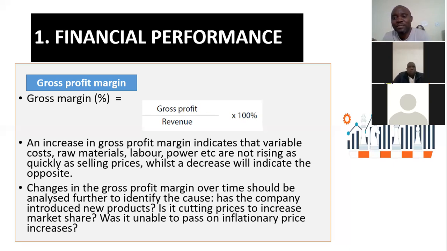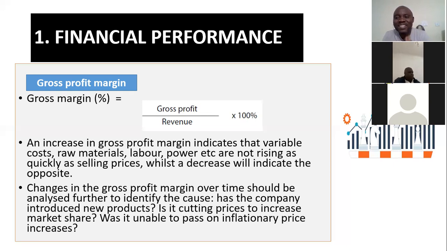Some costs, or should I say some capex, could have been plugged into the cost of sales. Wrong accounting treatment. So it took the cost of sales up and reduced the gross profit margin. So you should be looking at all these small things when you are doing an analysis.